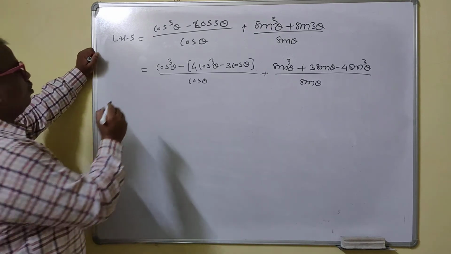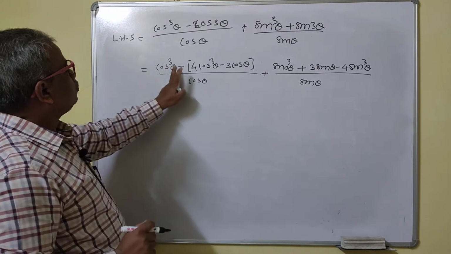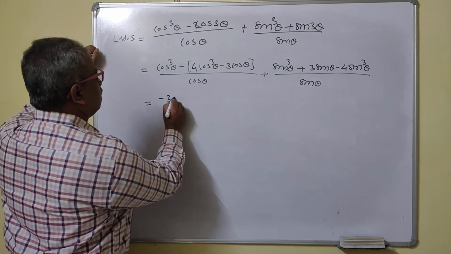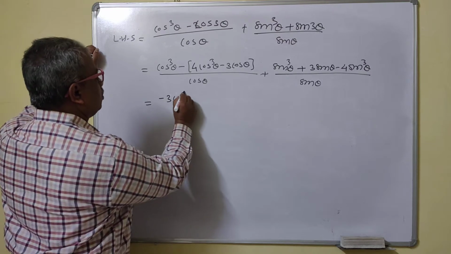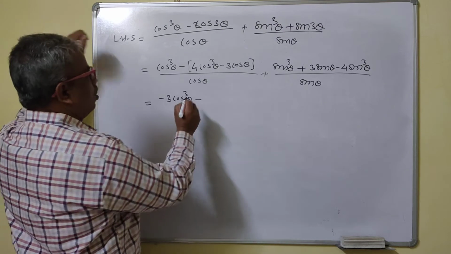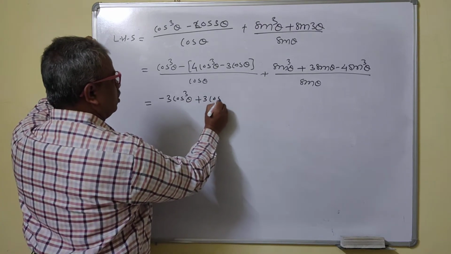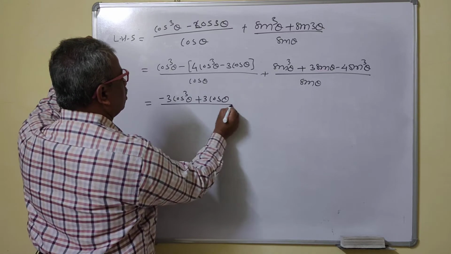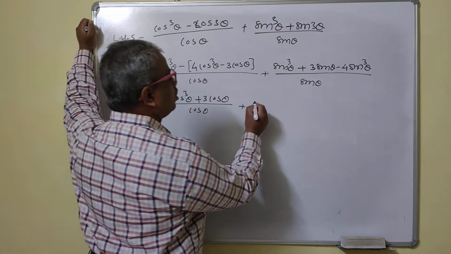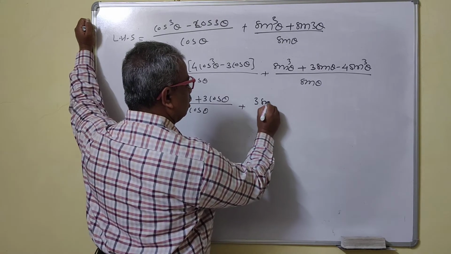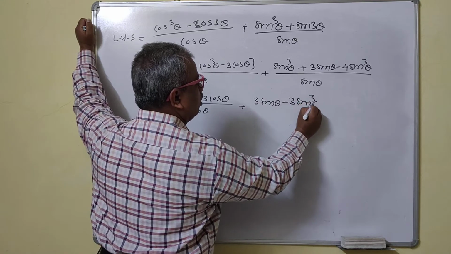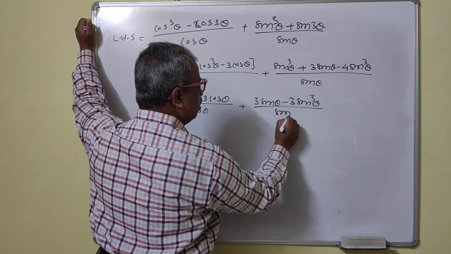So now first open the bracket. So 4 cos cube, minus 4 cos cube theta, minus 3 cos cube theta plus 3 cos theta upon cos theta, plus 3 sin theta minus 3 sin cube theta upon sin theta, right?